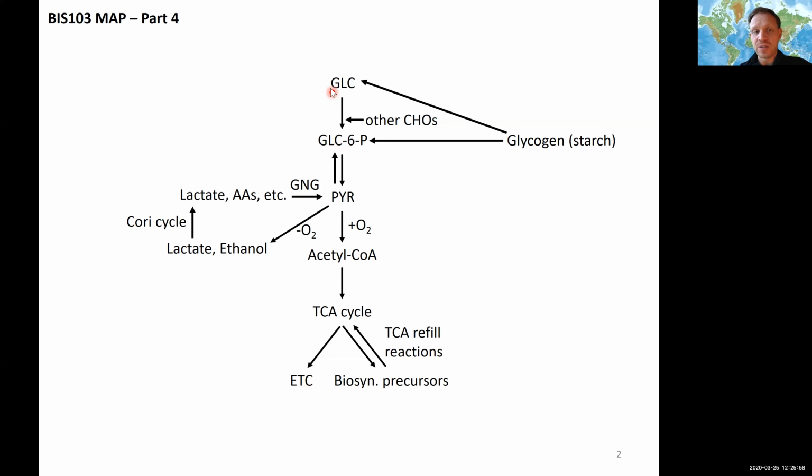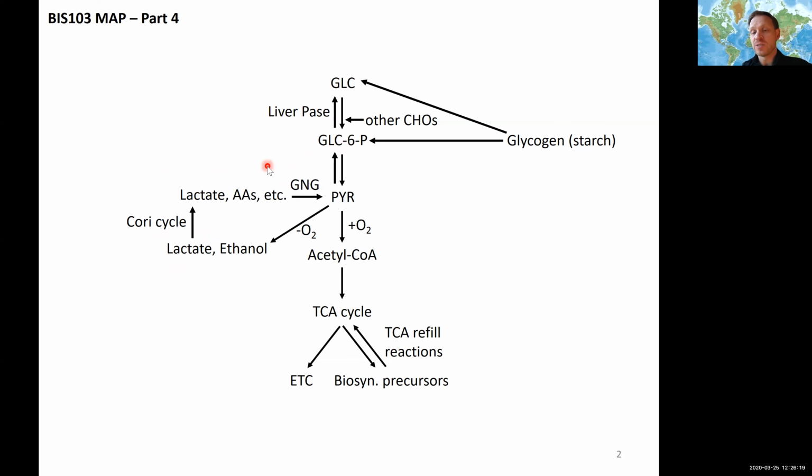We also had discussed the Cori cycle: how we can use, for example, lactate that is formed in the muscle in the absence of oxygen in muscle cells, how it can be transported to the liver and there reconverted to hexoses and specifically glucose through our gluconeogenesis pathway.